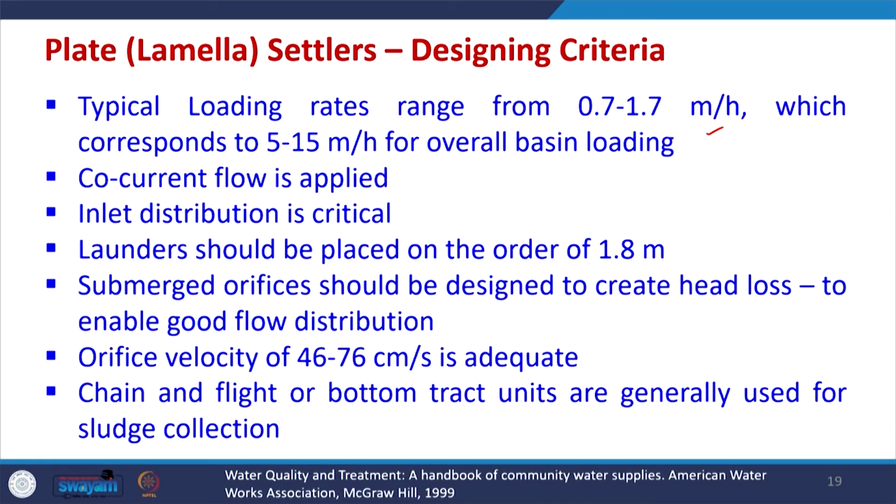Submerged orifices may be used to create head loss to enable good flow distribution out of the system. Orifice velocity may be in the 46 to 76 centimeters per second range, and chain and flight or bottom track units are generally used for sludge collection.